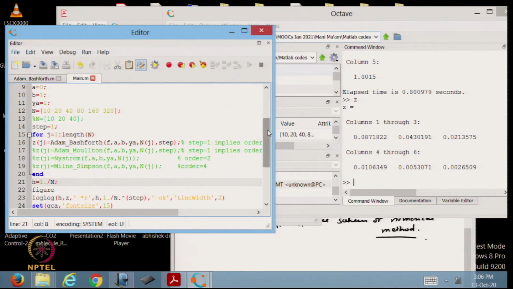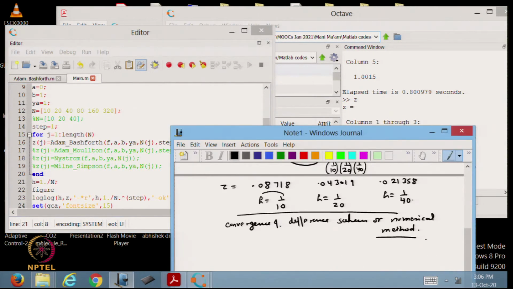Okay. So, just by computing the error corresponding to one h, we do not guarantee that our difference scheme is converging. Converging means as h tends to 0, error should tend to 0, and that we can observe provided we have worked out for different values of h or n.